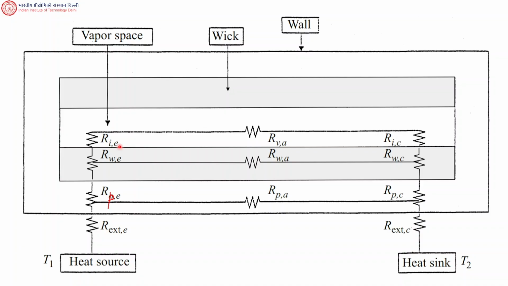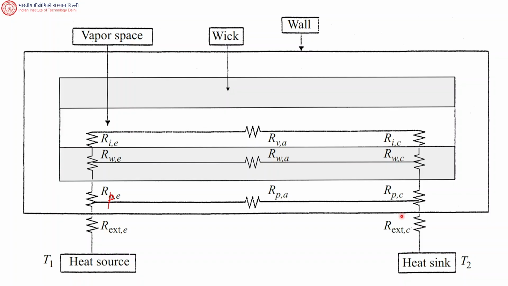Where is that interface? Interface is at the top of the wick, right? At the inner part of the wick. This is where you get this menisci. Right? The meniscus that you remember, the meniscus at the evaporator region. And there is a vapor resistance also, which we are calling RVA. Okay, so this is all that we have here.